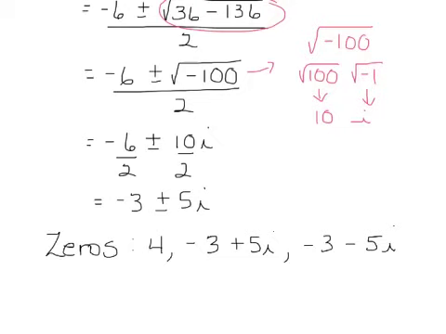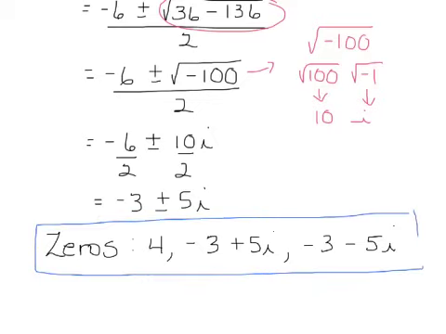But the complex zeros are truly imaginary. We don't see them crossing the x-axis. So we have accomplished our goal and found all the zeros. Keep in mind it was a third degree polynomial, so there are exactly 3 zeros: 4, negative 3 plus 5i, and negative 3 minus 5i.